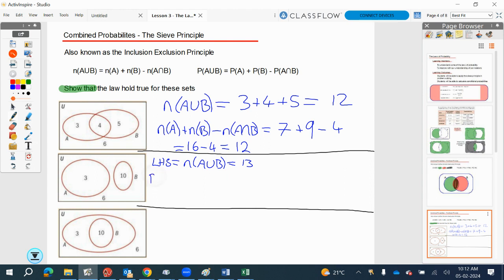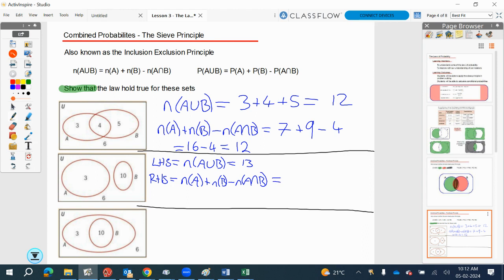The right-hand side of the equation has to balance. The right-hand side of the equation is the number of elements in A plus the number of elements in B minus the number of elements in A intersection B. Show the equation that you're actually calculating.